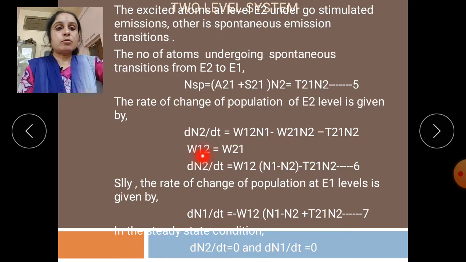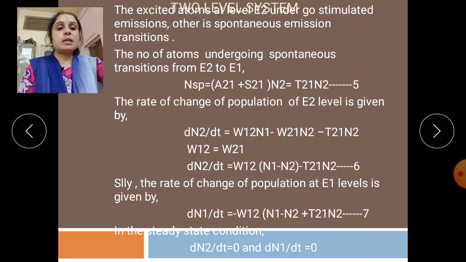So, dN2 by dt is equal to W12 (N1 minus N2), the ground state population minus the excited state population, minus T21 N2. This is equation 6.